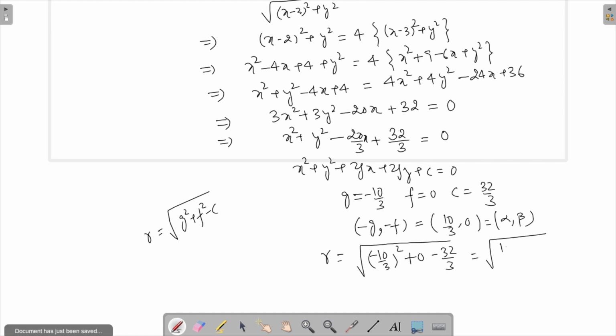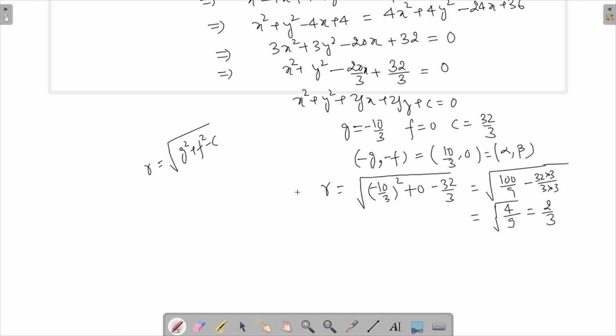This will become 100 upon 9, and this we'll also make over 9, so we'll multiply 32 by 3 into 3 over 3 into 3. So this will become (100 minus 96) upon 9, that will become 4 upon 9, or the square root of that will become 2 by 3. So this is my radius, which is gamma.